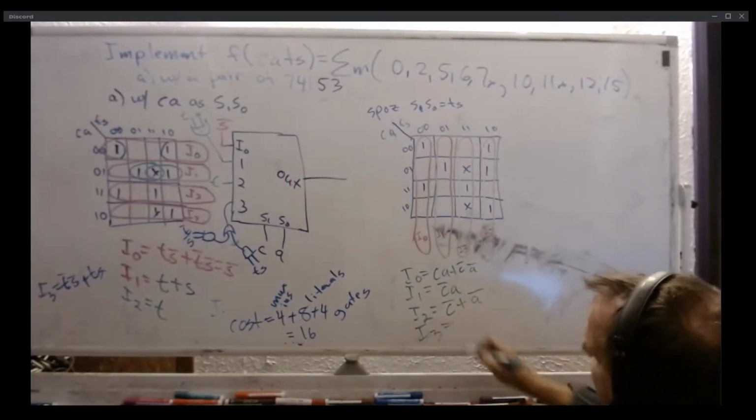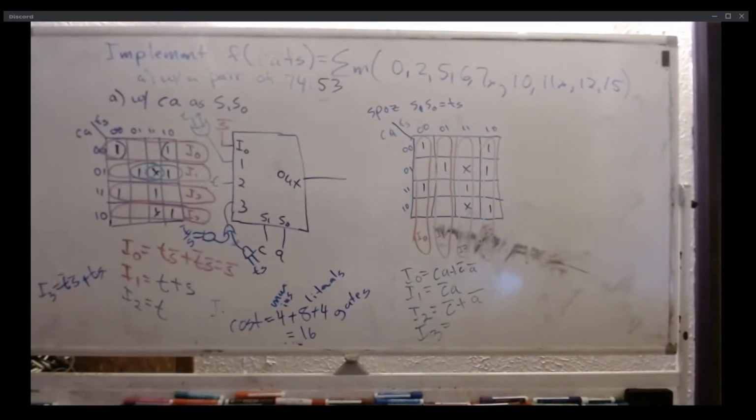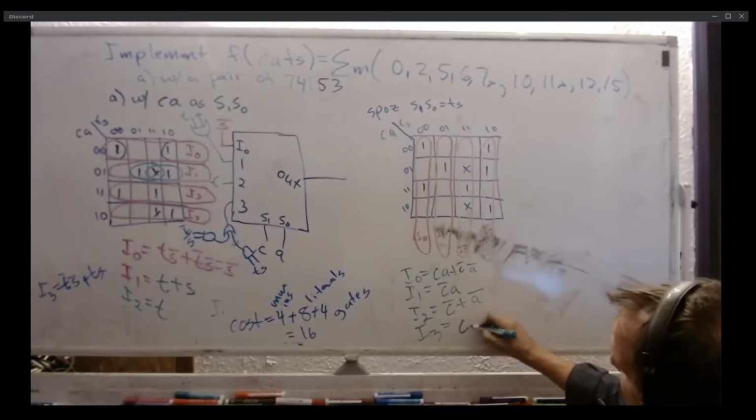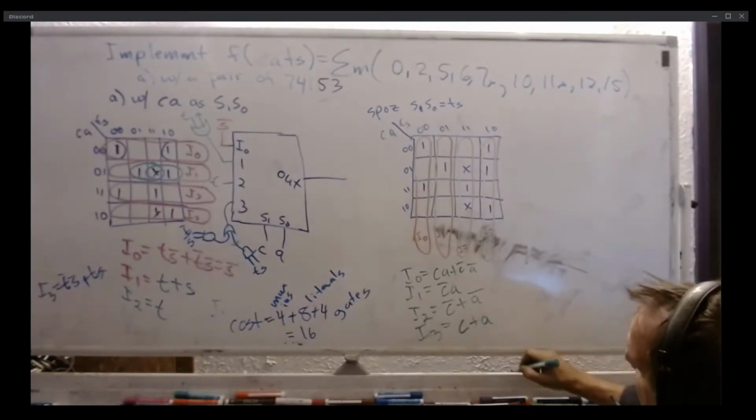What's I3? I3 is kind of interesting, isn't it, guys? We got 2 don't cares, and we got 1, 1. Couldn't you do like C or A? Like you do one or the other? You could. So, time out. When you said that, do you mean this? C OR'd with A?